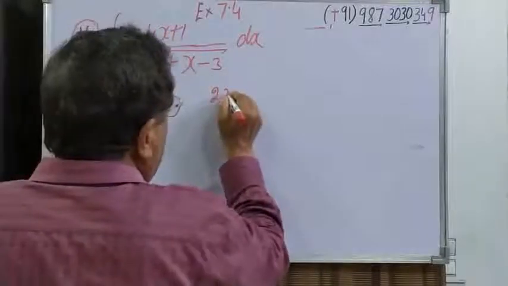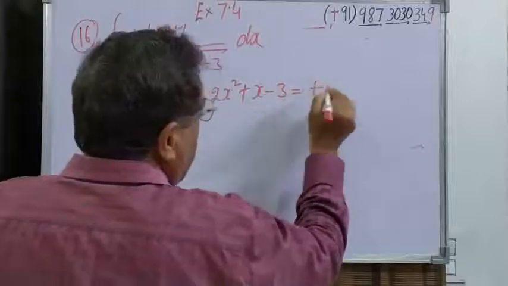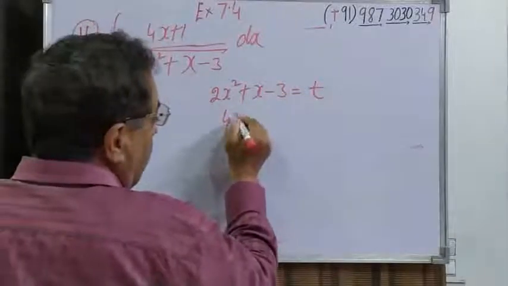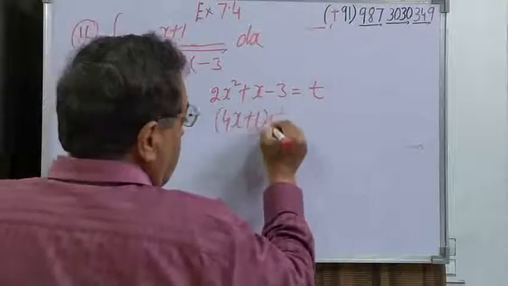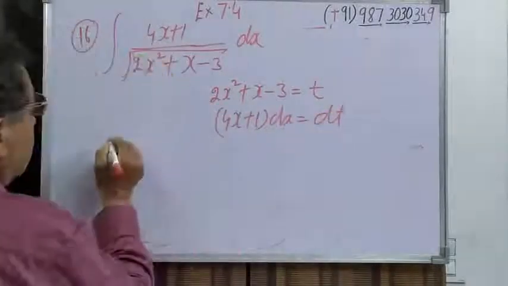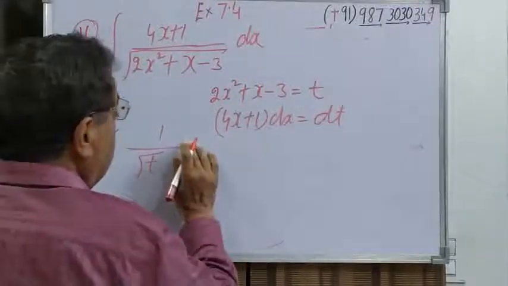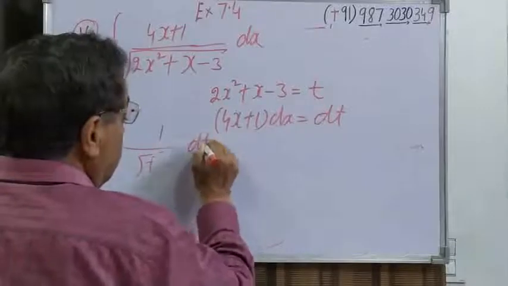So simply take 2x square plus x minus 3 equal to t. And we get 4x plus 1 dx equal to dt. So the integral becomes 1 upon under root t with respect to dt.